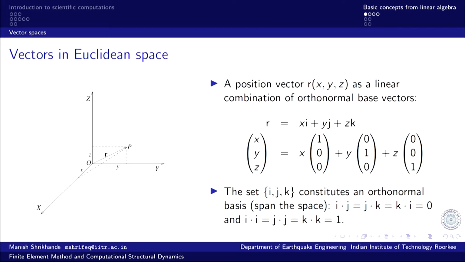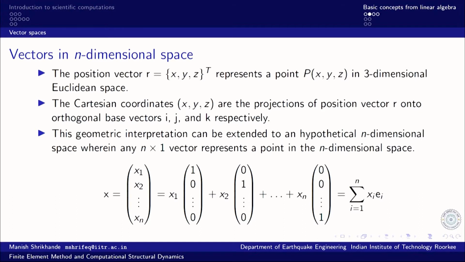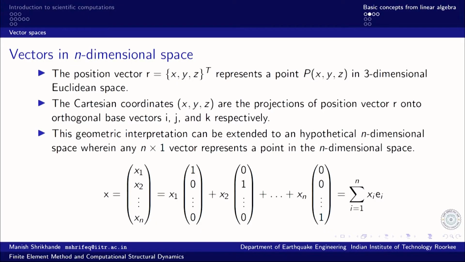So, those are the Cartesian coordinates, because they are the projections of the position vector along the base vectors i, j and k respectively. So, Cartesian coordinates are the projections of position vector r onto orthogonal base vectors i, j and k respectively.